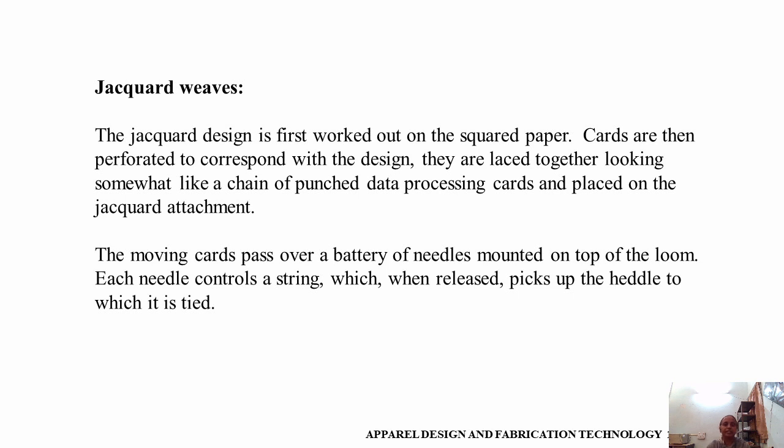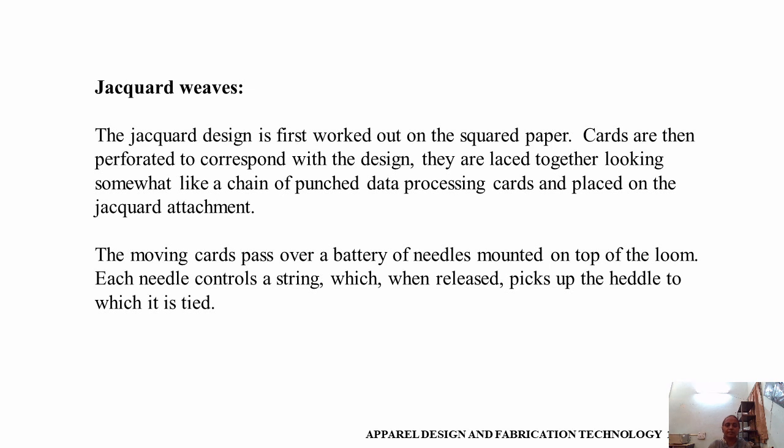So, in the jacquard weave, a punched card is used for the creation of the designs on the fabric. Before it is used, the design is traced on paper, and the cards are then perforated to correspond with the design. They are punched, somewhat like a chain of punched data processing cards.